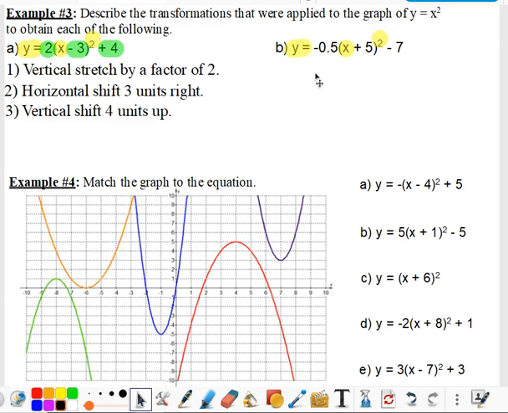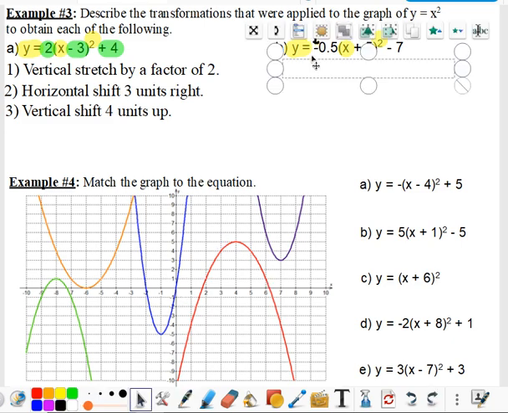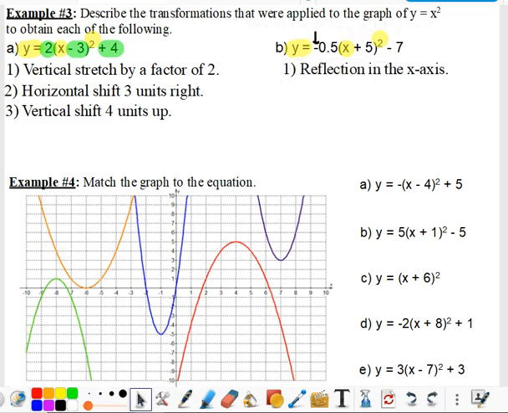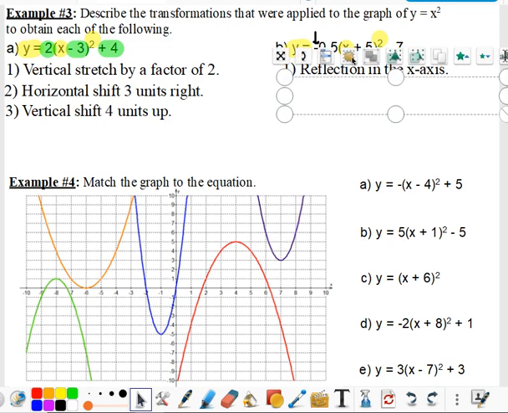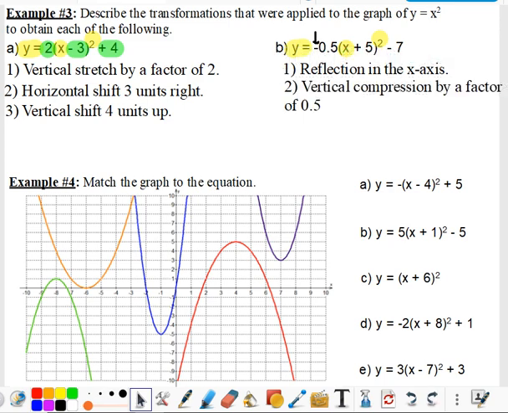Just the negative will indicate that there was a vertical reflection. So that's the first thing we're going to write. We'll say reflection in the x-axis. That's just the negative. Now, the 0.5. It's not a stretch, it's actually a compression. So we'll say vertical compression by a factor of 0.5.